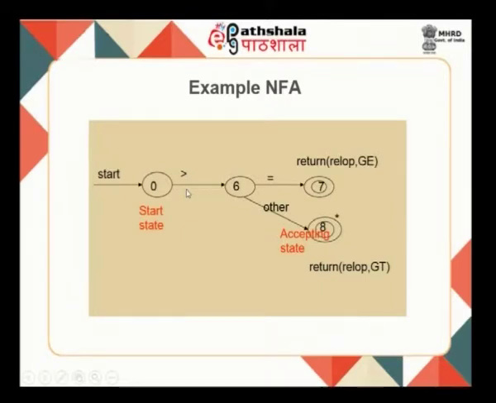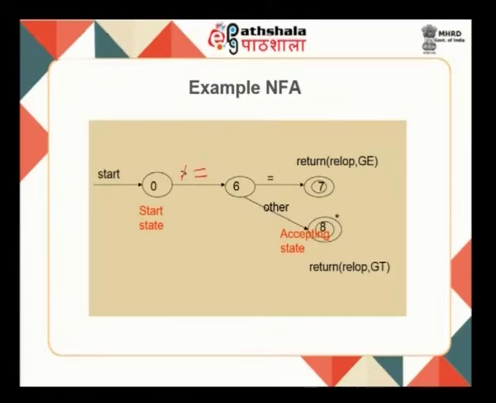So, this is the representation for defining a pattern, where we have the relational operator greater than or equal to. Supposing you want something else like double equal to, how will this automata change? I could simply change this edge to double equal to instead of greater than. Okay. So, this is one way to convert this operator.